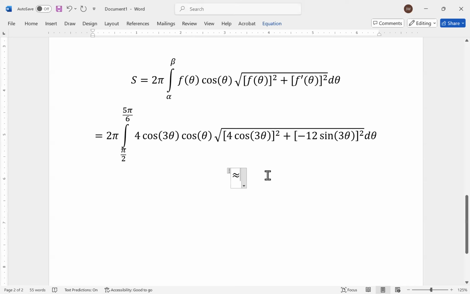Now, when I type this in, I got about a negative 58.60. Now, here's why I got a negative. Remember that my petal was in the second quadrant.